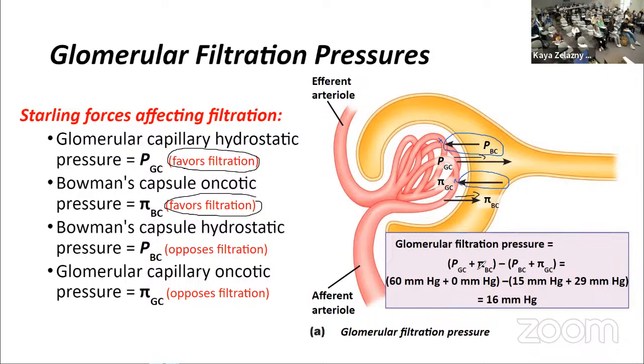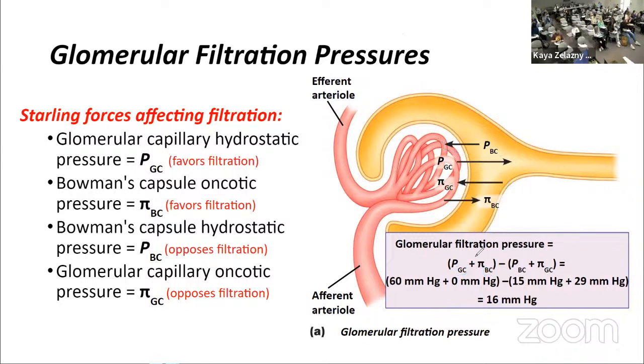So our equation looks kind of similar to when we're talking about net filtration pressure, just now we're specifying glomerular capillary or Bowman's capsule, whereas before we were talking about either just our capillary or our interstitial fluid, right? So we're just specifying new locations, but the idea is the same thing.